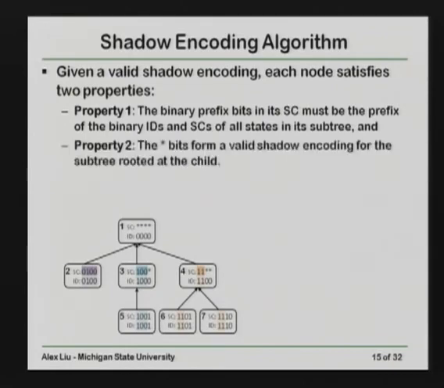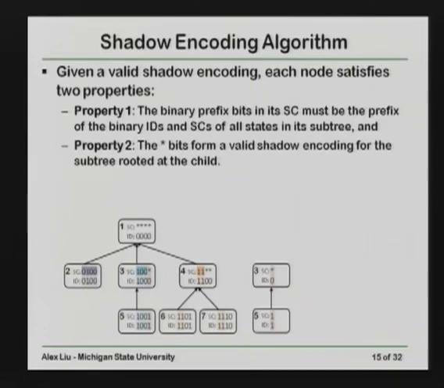And the second property is that the star bits will form a valid shadow encoding for the subtree rooted at the child. Let's take a look at this example. For 3 and 5, if you delete all the prefix bits, then the shadow code for 3 is star and its ID is 0, and the shadow code for 5 is 1 and its ID is 1.